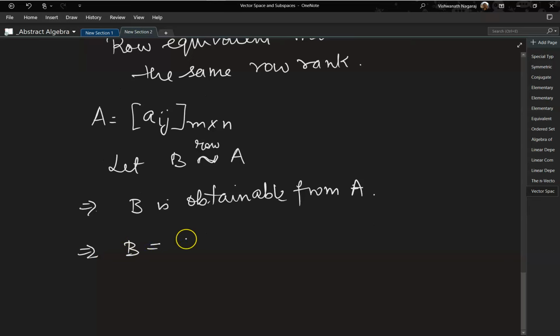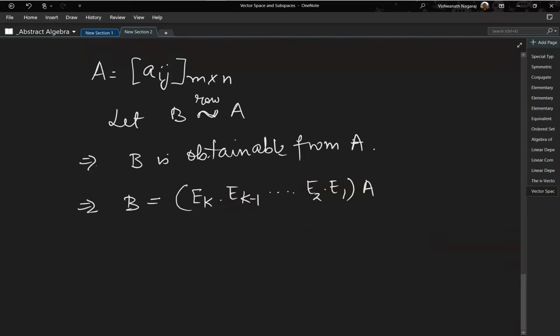By using a series of elementary row operations: Ek times Ek minus 1 and so on up to E2 times E1, all elementary row operations, times A. Remember, if it is row operations, they go on the left hand side; if it is column operations, on the right hand side.